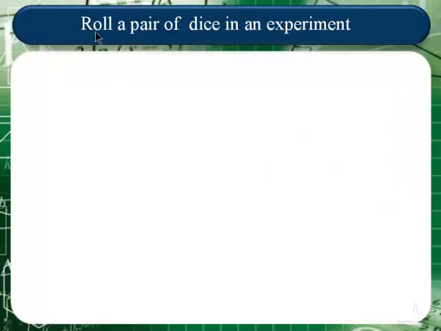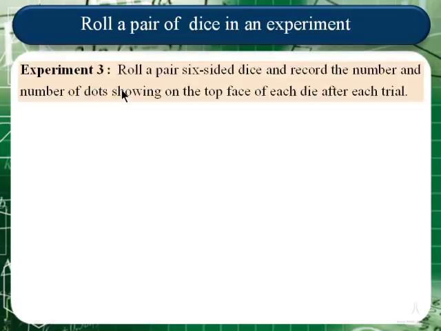Let us consider the roll of a pair of dice in an experiment. In experiment 3, we roll a pair of 6-sided dice and record either the number or the number of dots showing on the top face of each die after each trial. Now we get 2 different types of die.